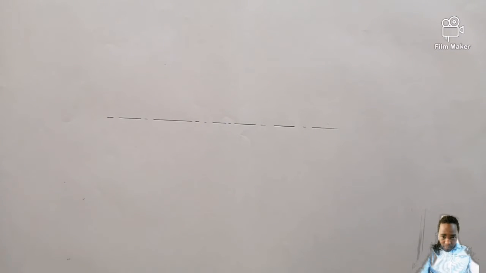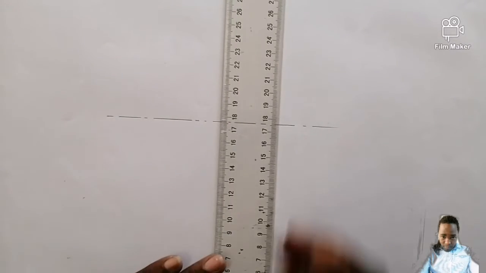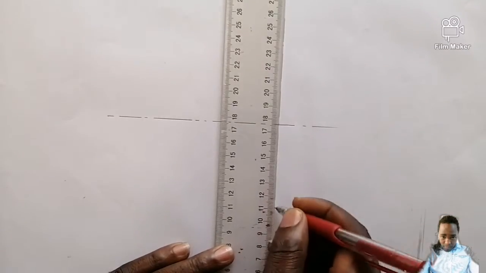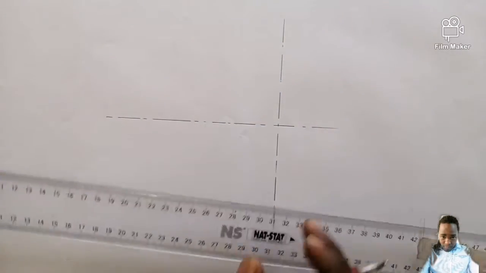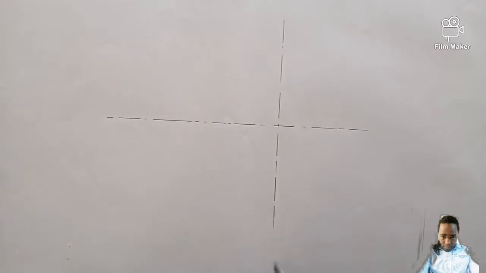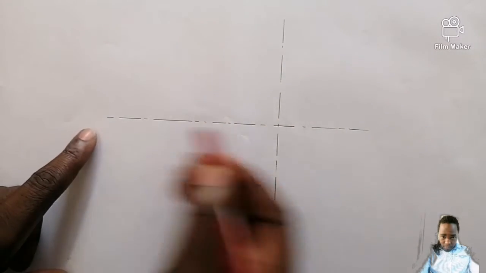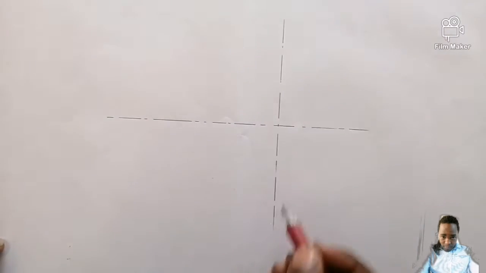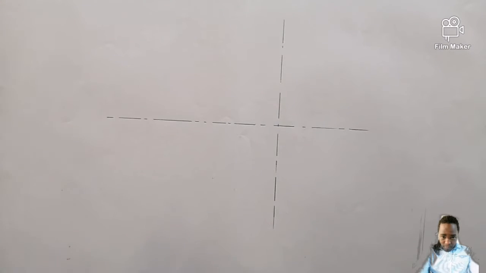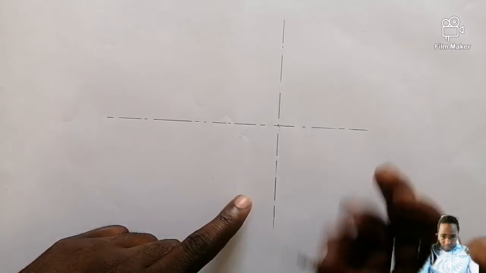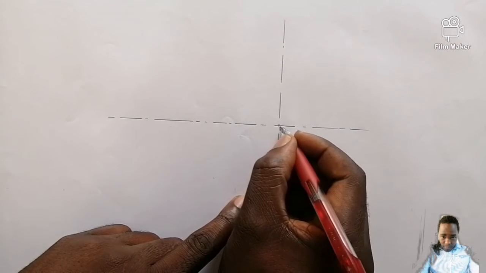Then draw a vertical one, also out of dimension. If I'm saying out of dimension, I am simply saying from here till there, there is no particular dimension given. Where they cross each other, I can decide to mark this point R.